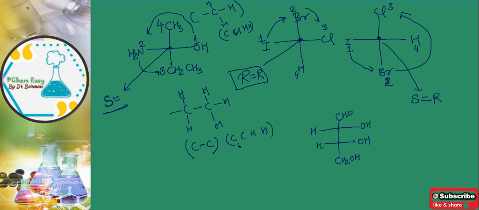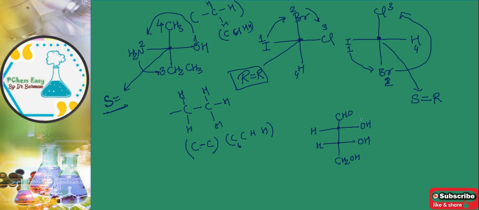Okay. So now what we have to do? We have to assign the configuration. So now what we will do here, we have to see the atom directly attached to that carbon. So here, as we can see, oxygen is attached, here carbon is attached, here hydrogen, here also carbon.